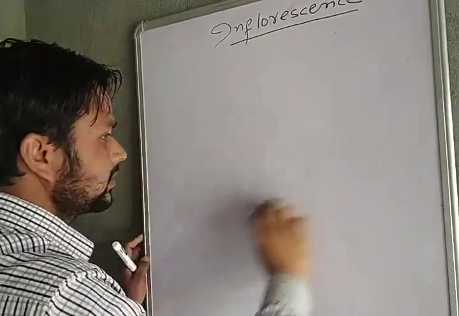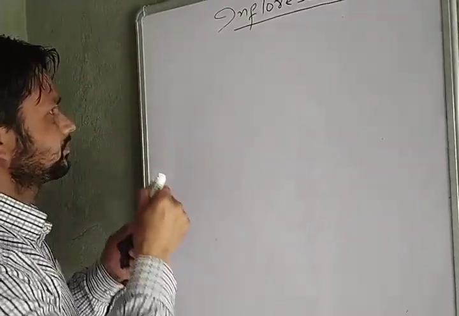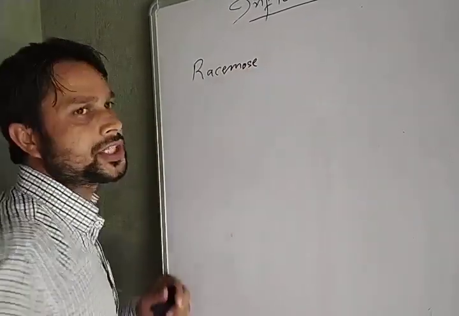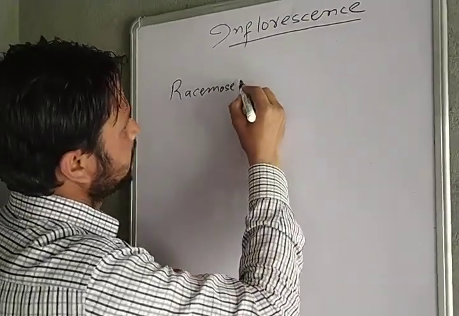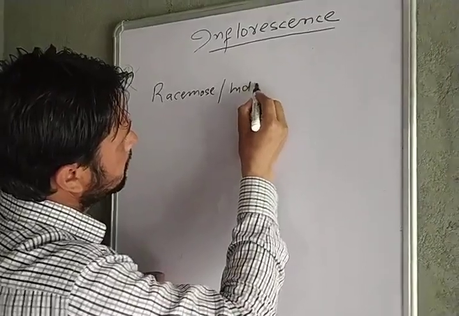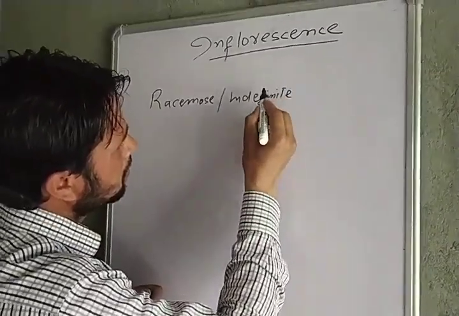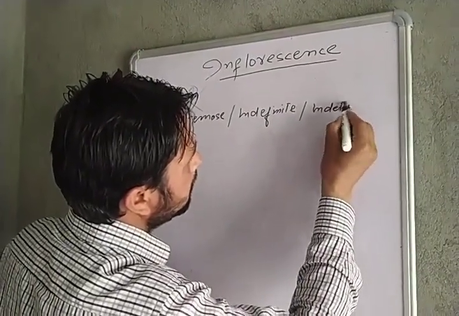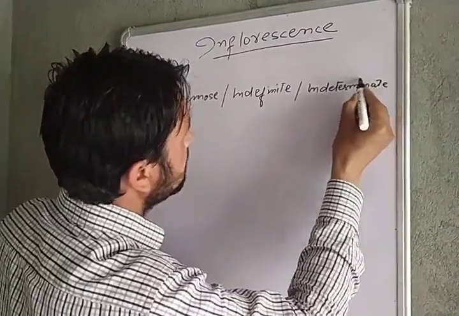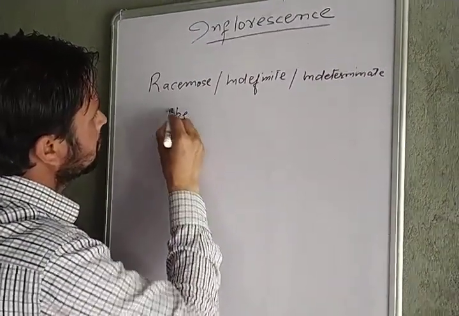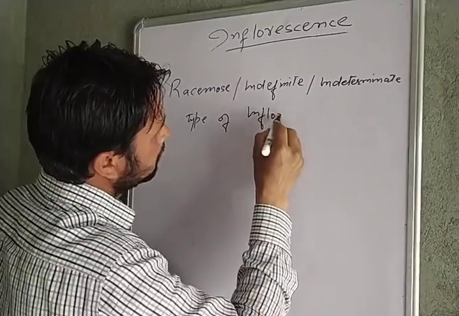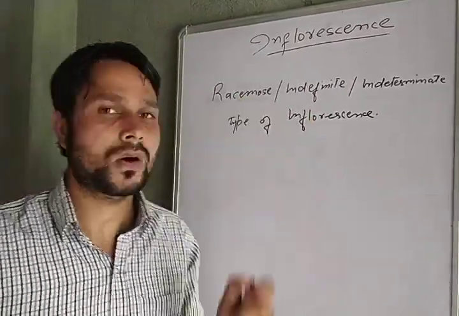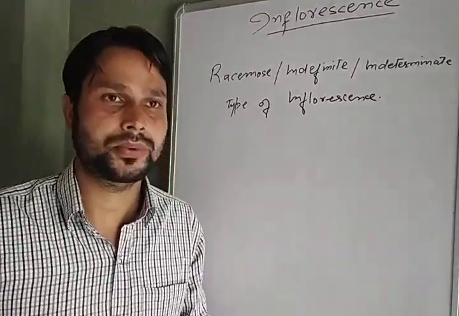The next one is racemose, also called indefinite or indeterminate type of inflorescence.